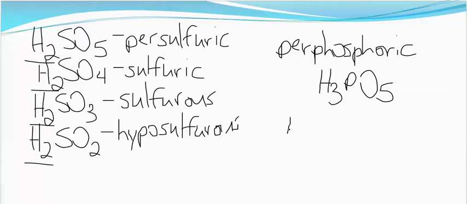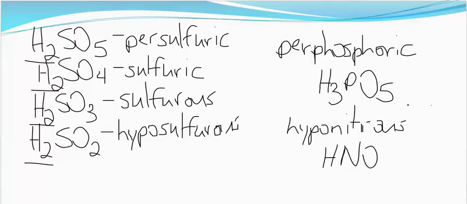If I have hyponitrous acid, hypo means I've lost 2 from the most common form. It was HNO3. Now it's just HNO. I've lost 2 oxygen from the most common form. So with the oxyacids, my suggestion, memorize those 11 most common forms, and then the prefixes and suffixes that go along with those.